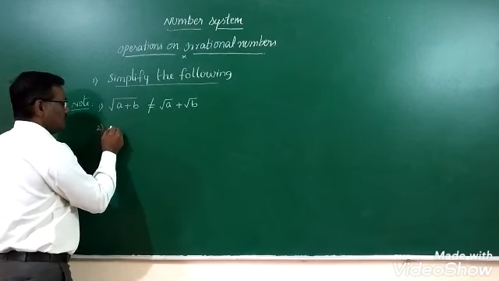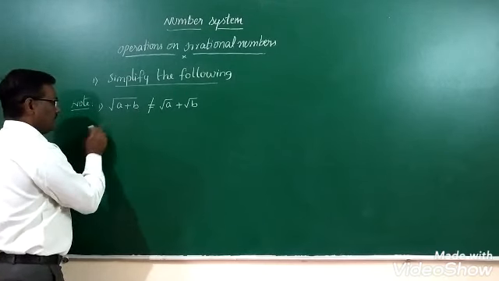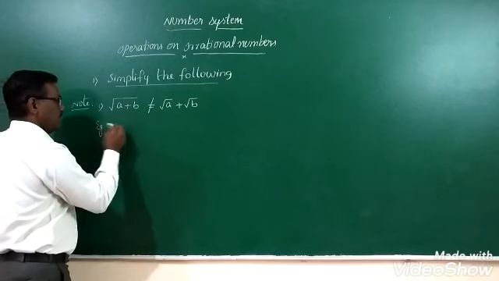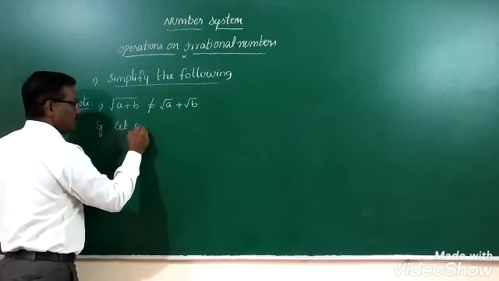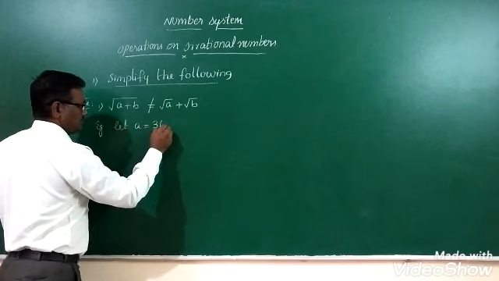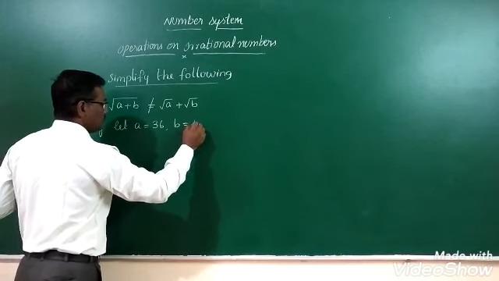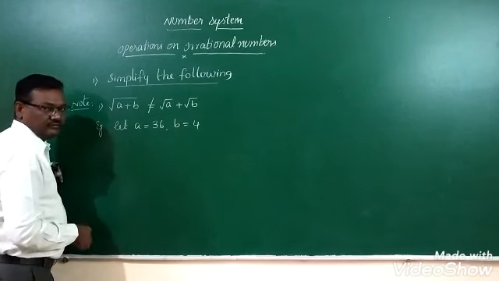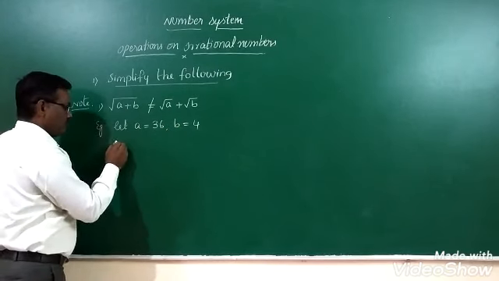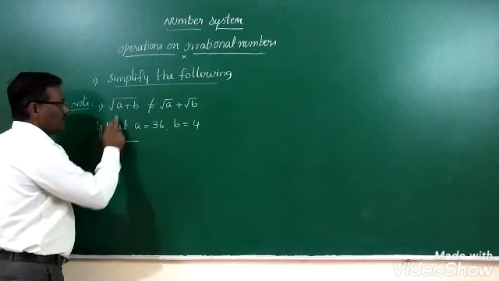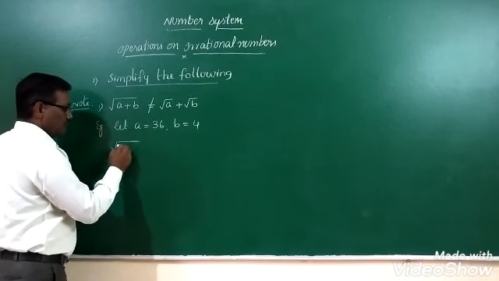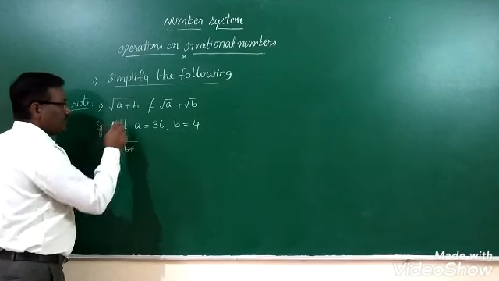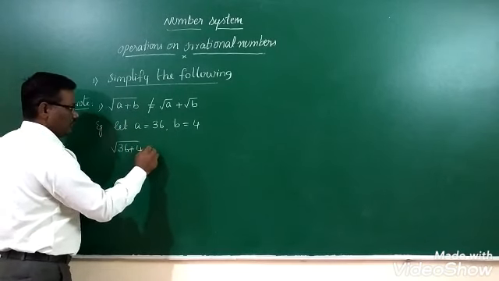Second, I can take one example here. Let a equal 36, b equal 4. These are perfect squares. Root of a plus b, 36 plus 4, equals root 40.